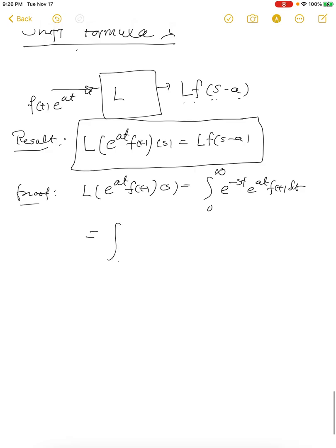But as you can see, this is simply the integral of e to the minus (s minus a)t times f(t) dt, and this is nothing but the Laplace transform of f at s minus a. That's the definition of the Laplace transform of f at a given point s star: the integral of e to the minus s star t times f(t) dt. So the proof is very easy.